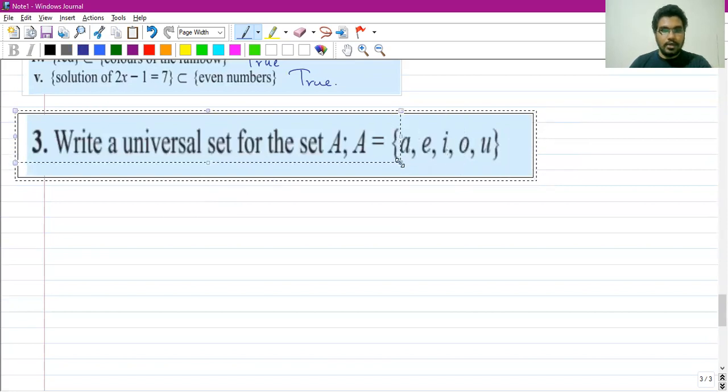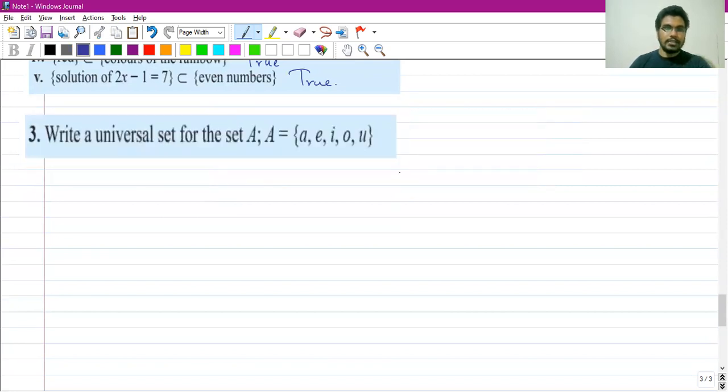Third question: write a universal set for the set A. A is equal to A, E, I, O, U. You can see here A, E, I, O, U, that means the vowels of the English alphabet. So how can we write it? We can write all these elements inside the universal set.